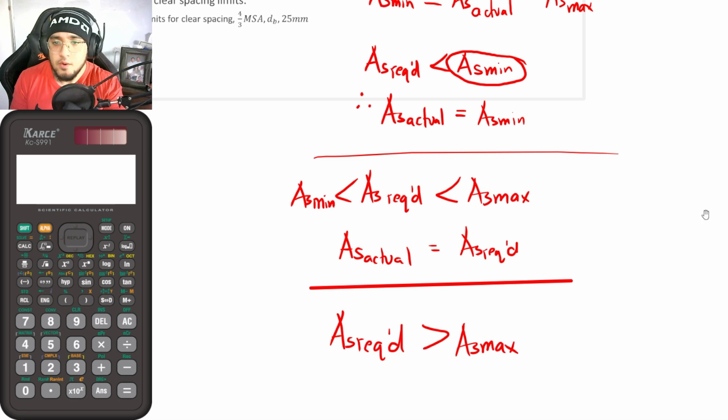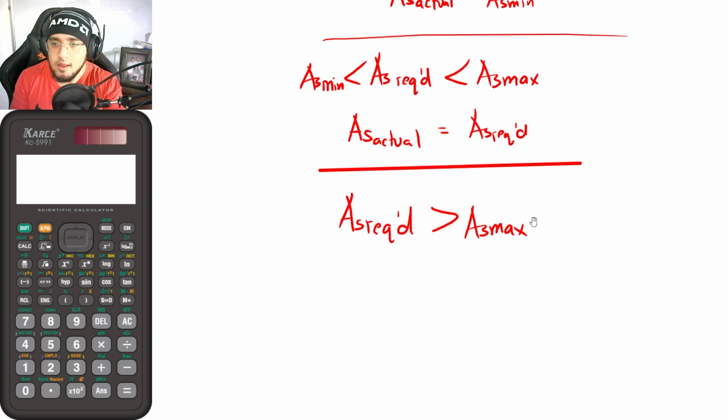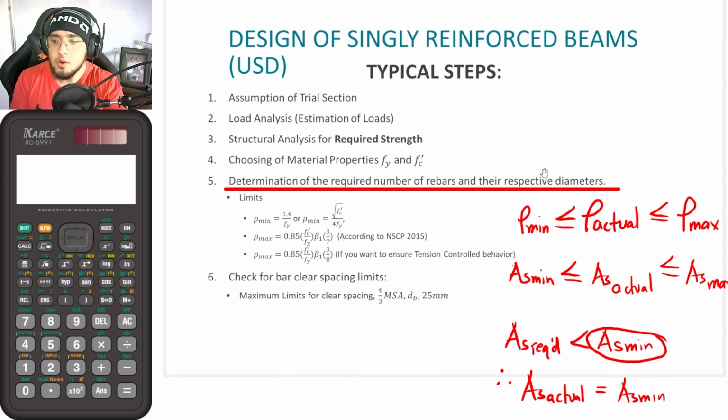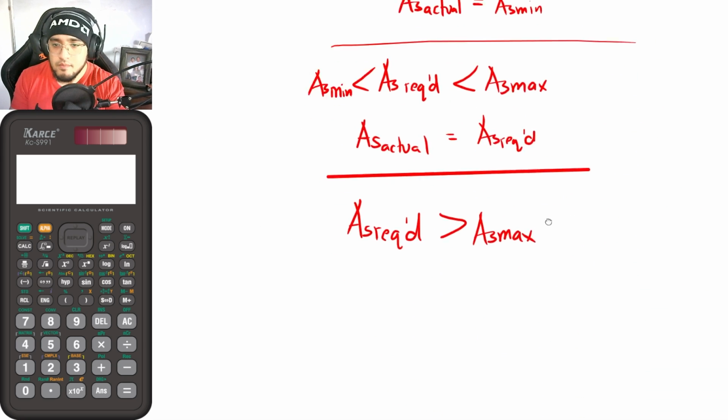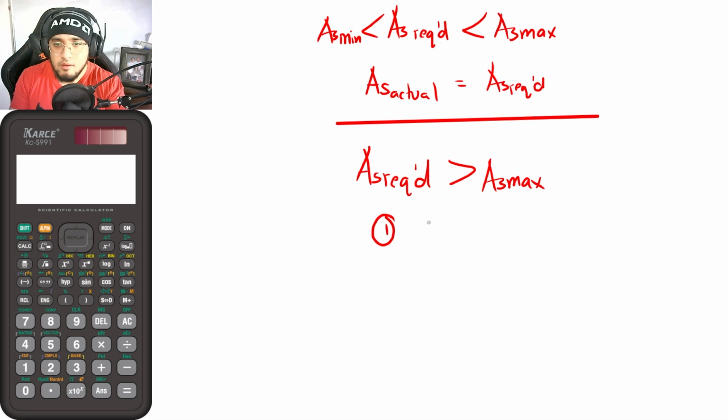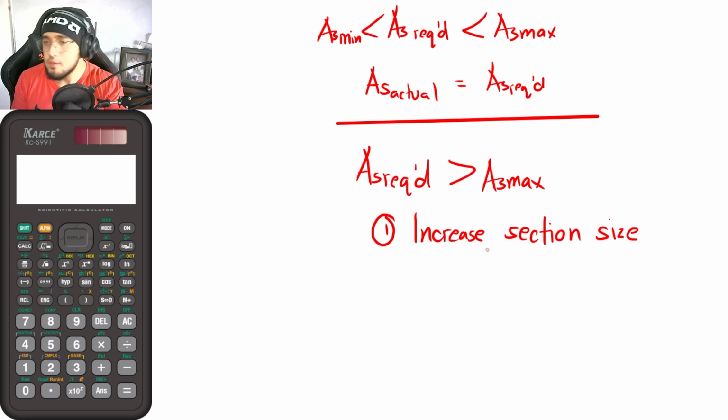So if your AS required is greater than your AS max, you can do a couple of things. You can assume a new trial section. Method 1 is to increase your section size. That is the first thing that you can do, if you can.